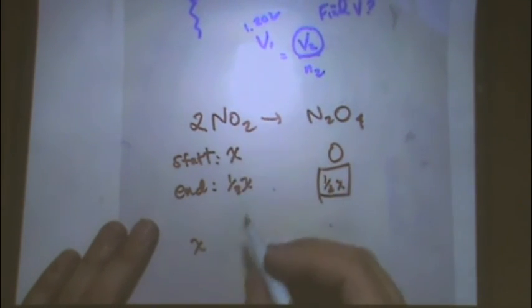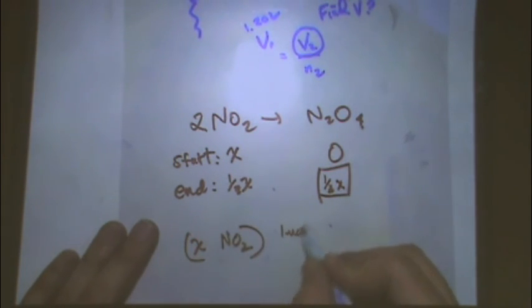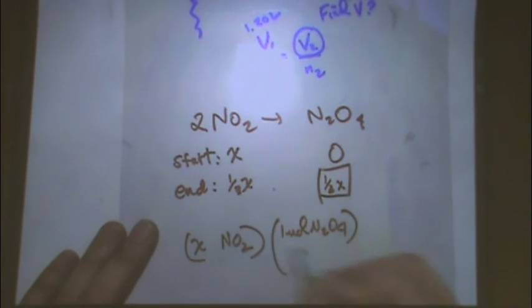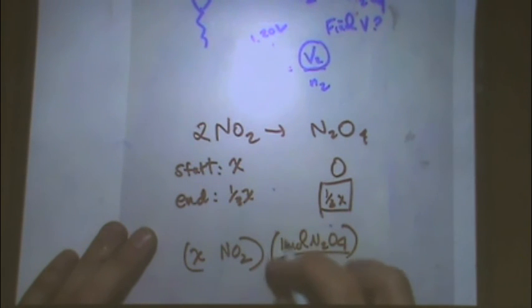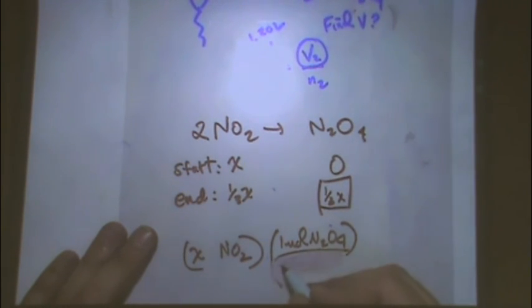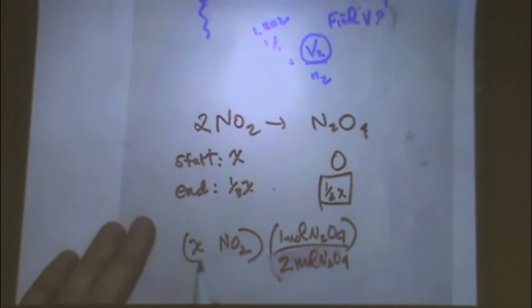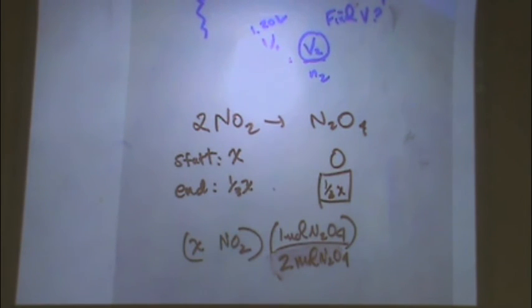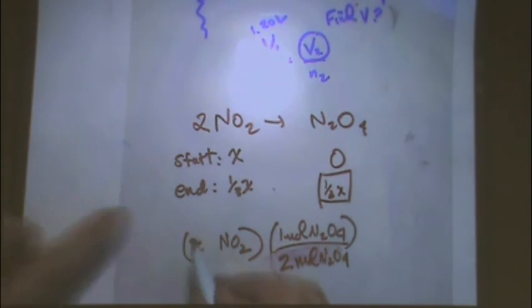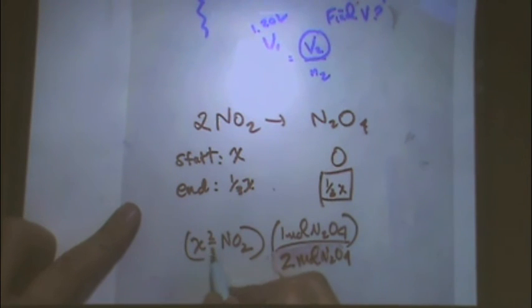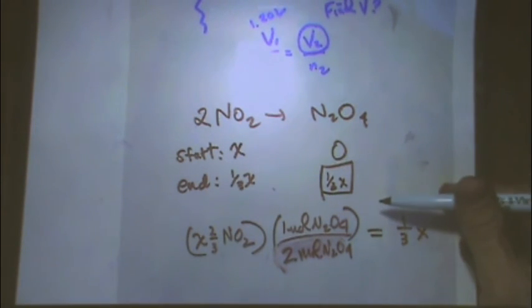Well, I start with X moles of NO2, and then I have 1 mole of N2O4 for every 2 moles. 2/3 react. 2 moles of NO2, but not X reacts. Only 2/3 of the X react. Is that okay? So it's not just X. It's X times 2/3. Is that right? The other 1/3 doesn't do anything. This turns out to be 1/3 X. So that's how I get the number in the box.